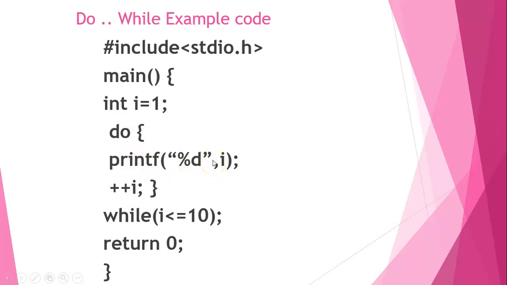So the question is, where should we apply this in a real life situation? So printf, we are printing, and then we are doing incrementation right inside here on the do. So the count is incremented, and then we are saying while I is less or equal to 10, and then we return 0.